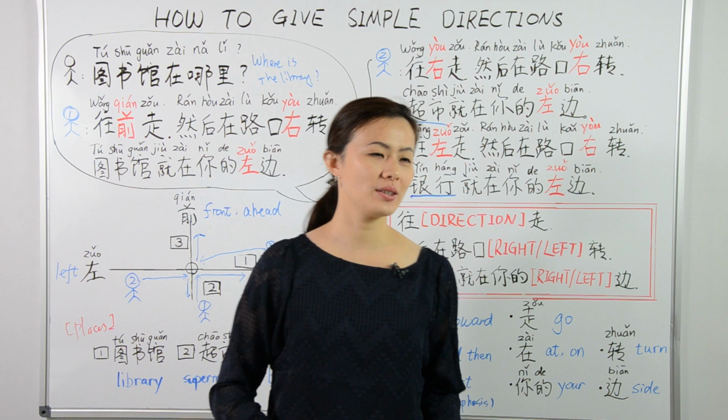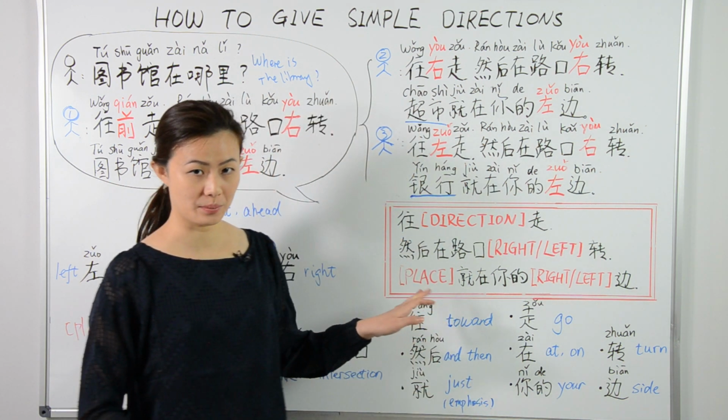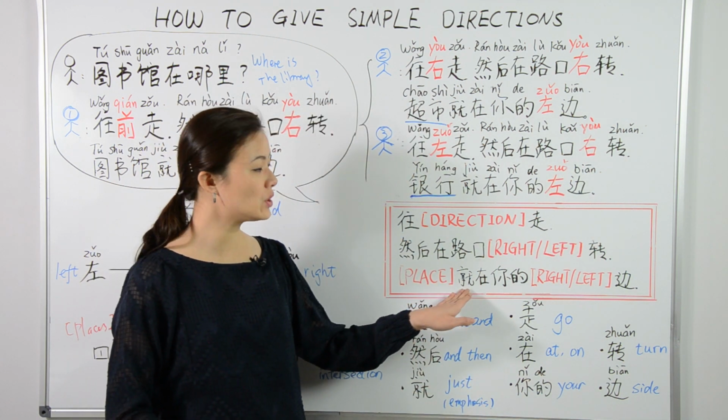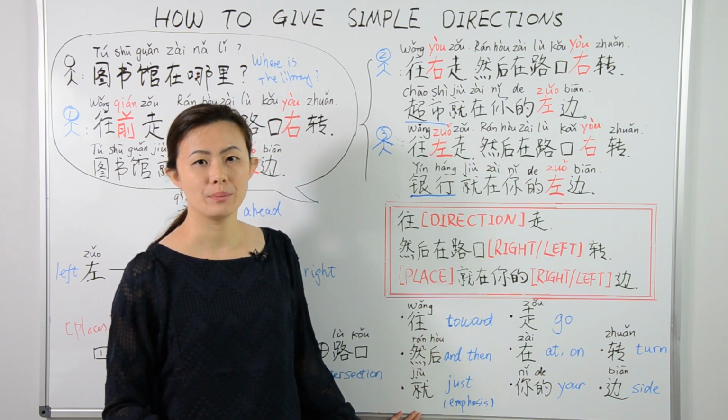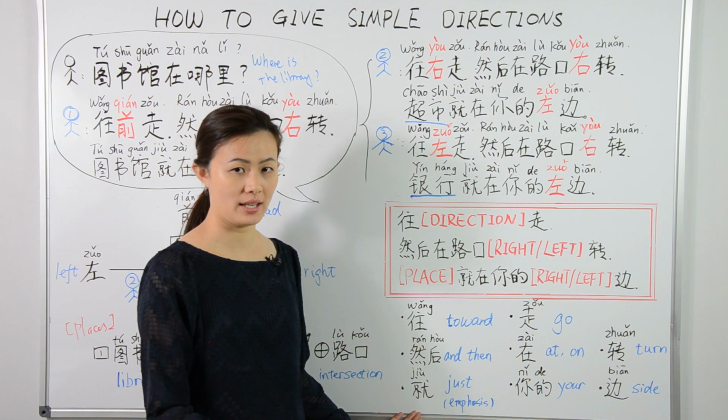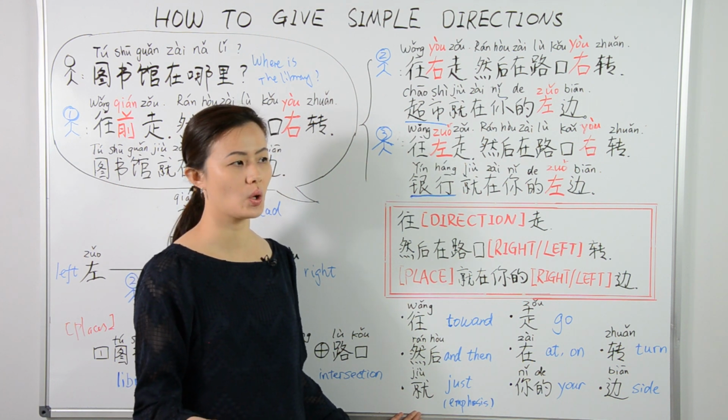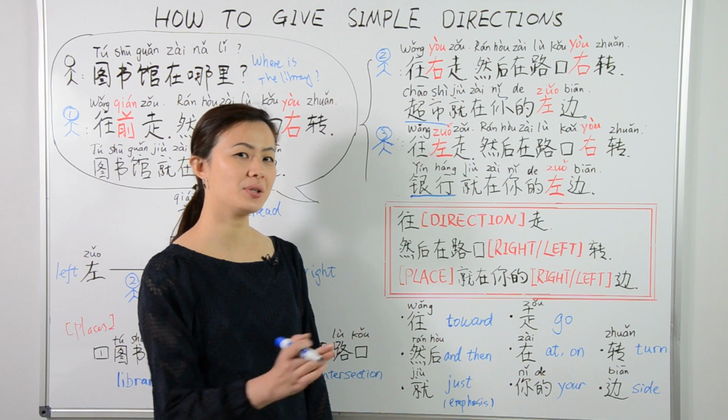We'll put these places first, the place you're looking for, and then 就 is an adverb that's putting emphasis on what you're saying. So it can be loosely translated to just or exactly, precisely.